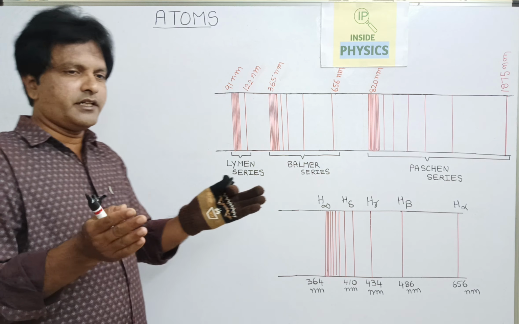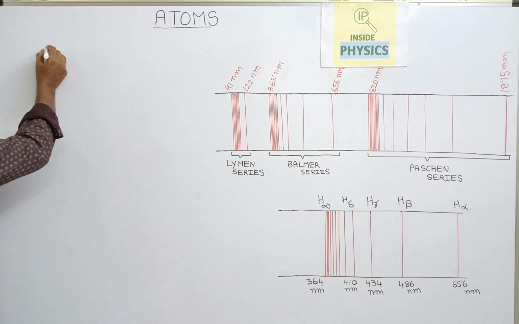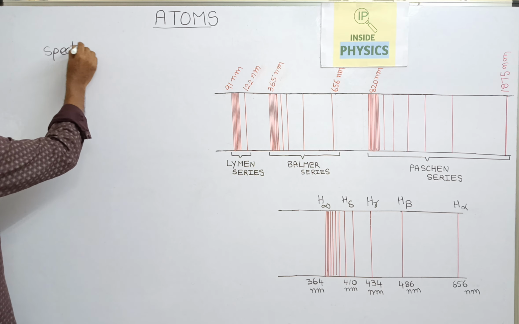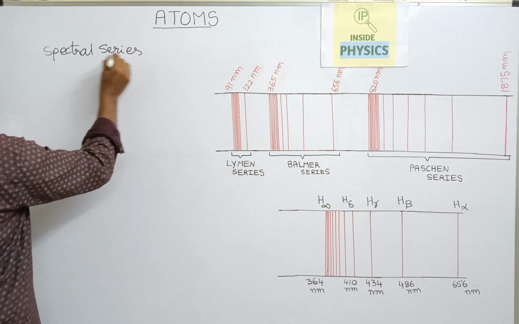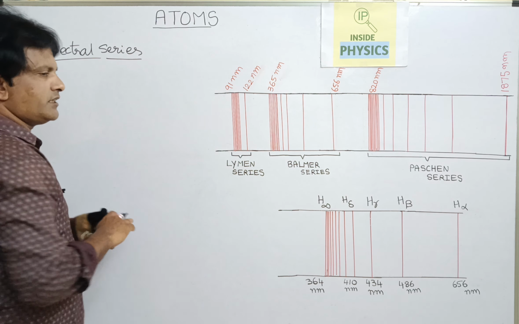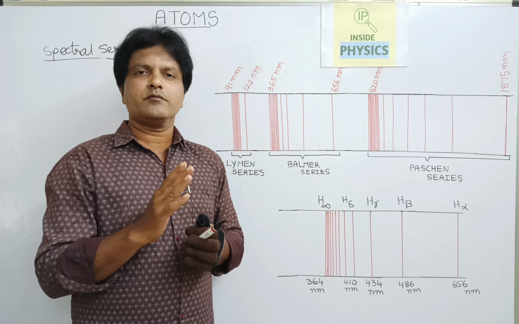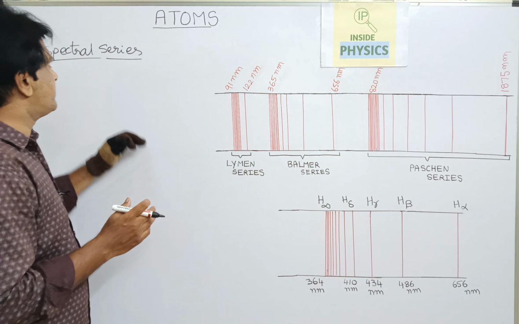The spectrum is divided into series. What is a series? Here we call it a spectral series. A series is a set of lines in the emission or absorption spectrum.